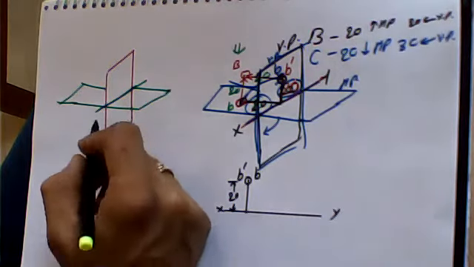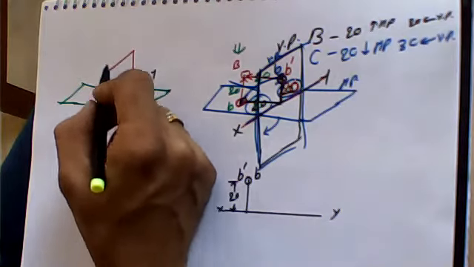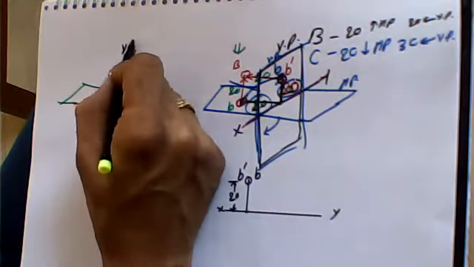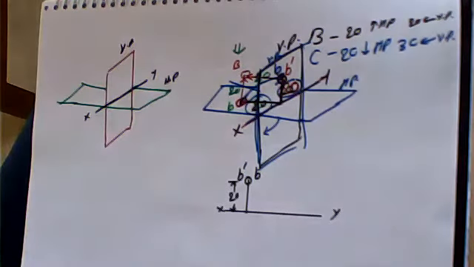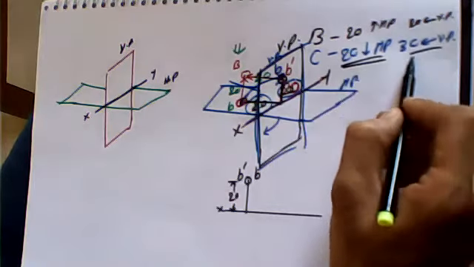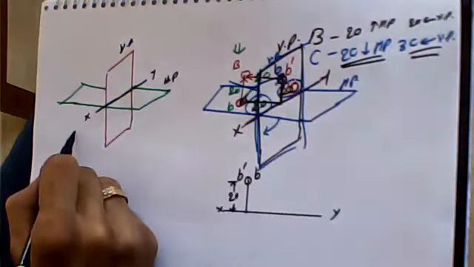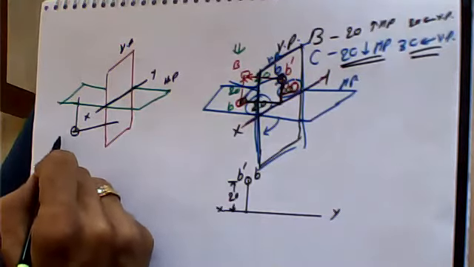Let us make it dark. Refer to this intersection line of HP and VP as the reference XY. Now the data suggests that point C is 20 mm below HP, 30 mm behind VP. 20 mm below HP and 30 mm behind VP. So this is going to be the position of point C.